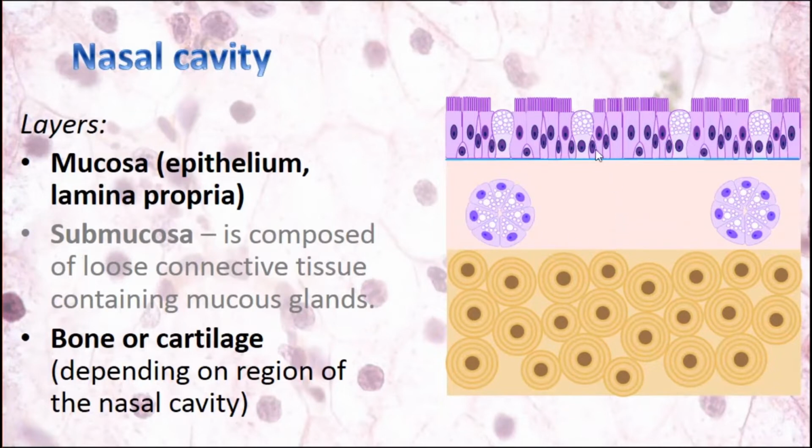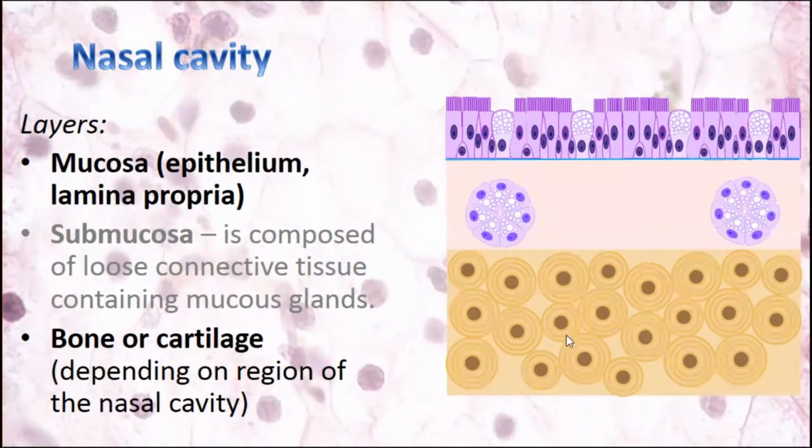So mucosa is epithelium, lamina propria is loose fibrous connective tissue. Deeper we have submucosa, which is composed of loose fibrous connective tissue, and it contains mucous glands which produce mucus, which covers epithelium of nasal cavity.